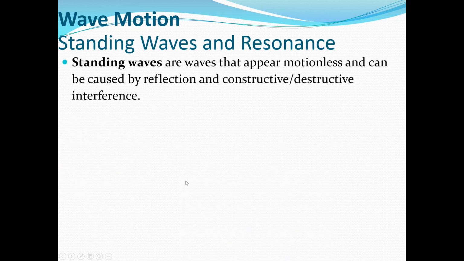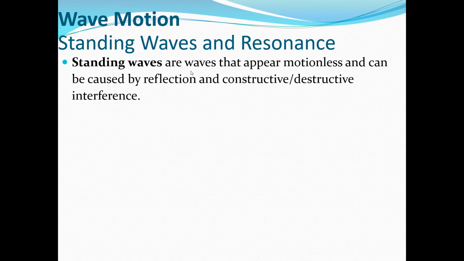Now this becomes important: the standing wave. Standing waves occur when two waves interact with each other and interfere in such a way that the resulting wave we see ends up appearing motionless.